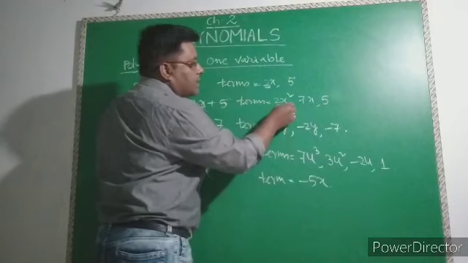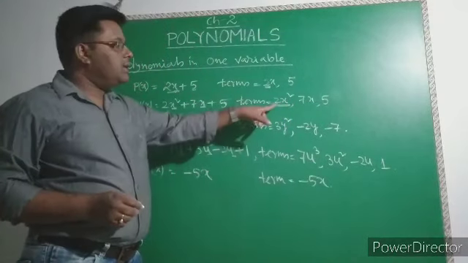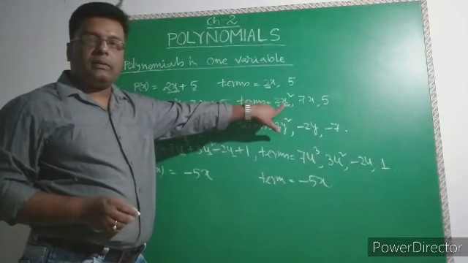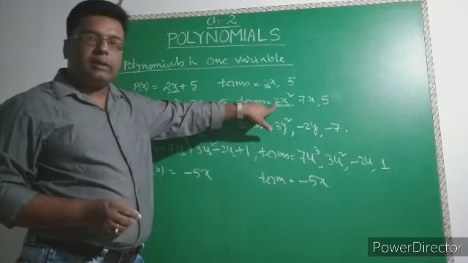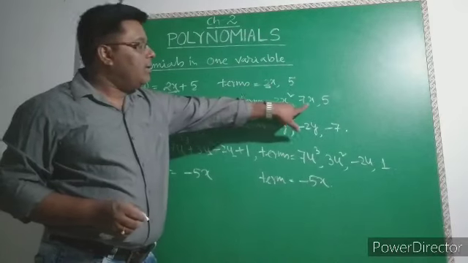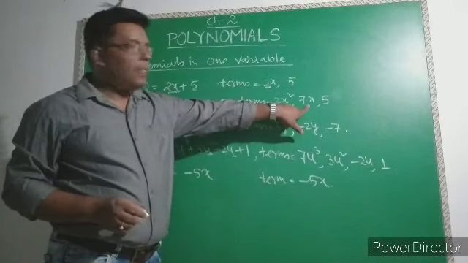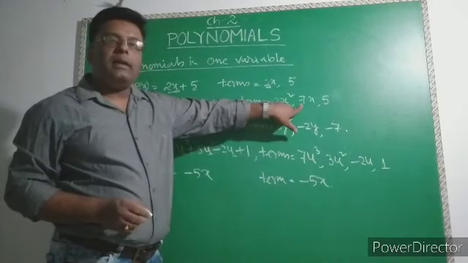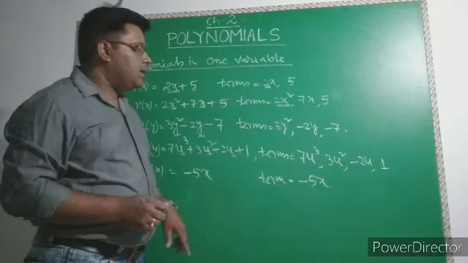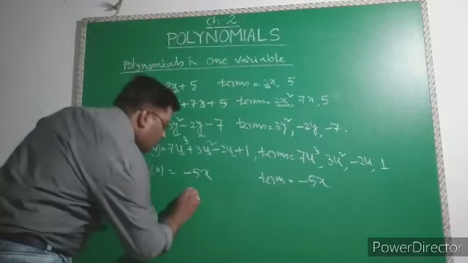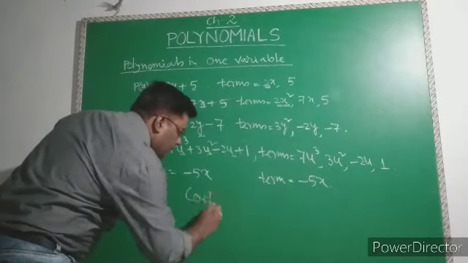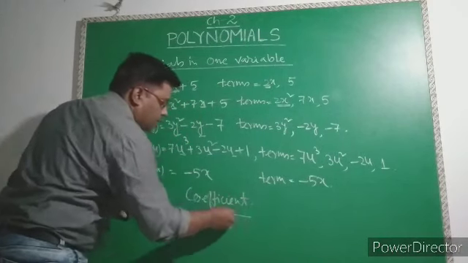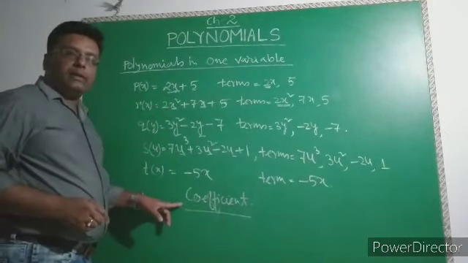Next, in this term, twice x square, the coefficient of x square is 2. Now here it is 7x, so 7 is called the coefficient of x. This is the word coefficient.